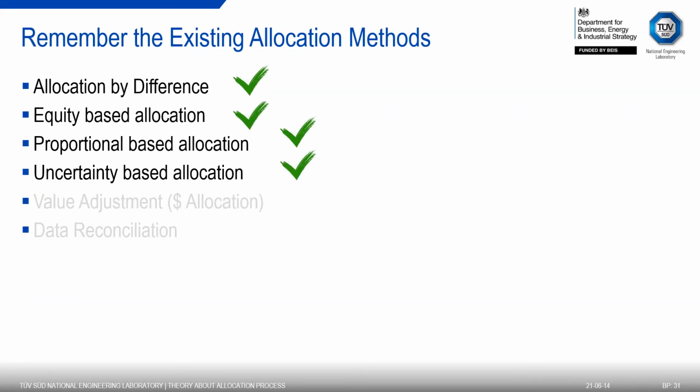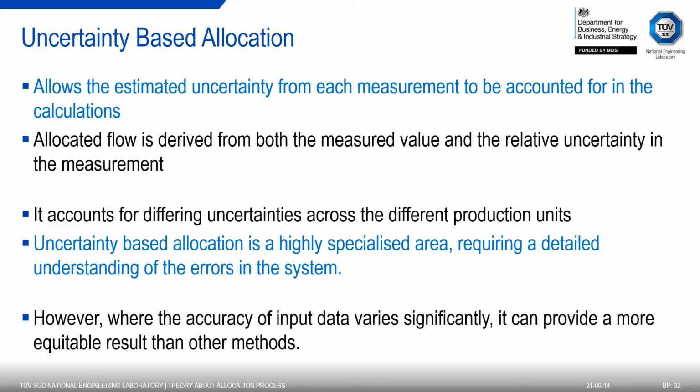We are coming now to probably the most important allocation system, which is the uncertainty-based allocation. And this one is really what you should be applying today in the 21st century. What you can understand immediately is the fact that we talk about uncertainty-based allocation. We will be using the uncertainty associated with the measurement of each unit or flow meters.